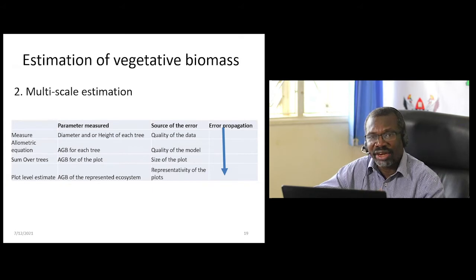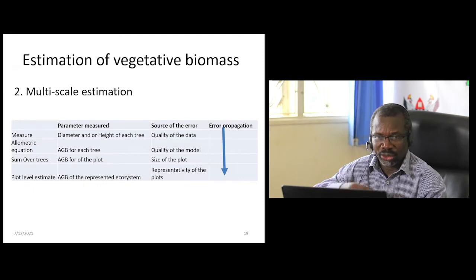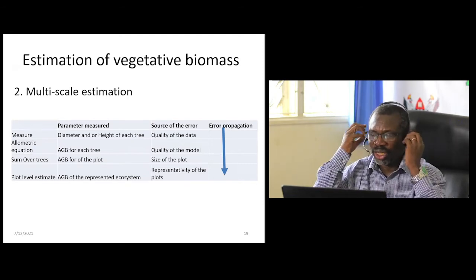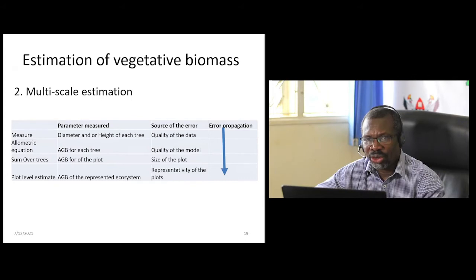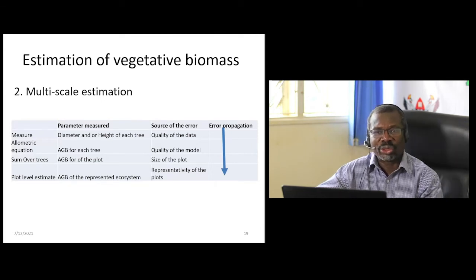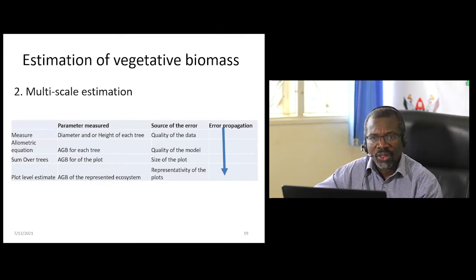If you have done it on a 50 by 50 meter plot and you want to do it for a hill slope or a catchment level, then you need to have some allometric equation, and some earth observation information on either the DBH or the height of the trees at that scale.